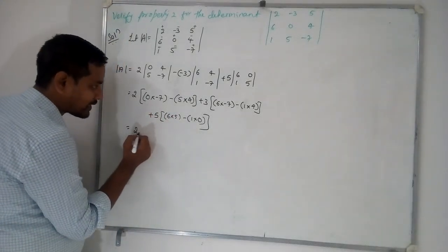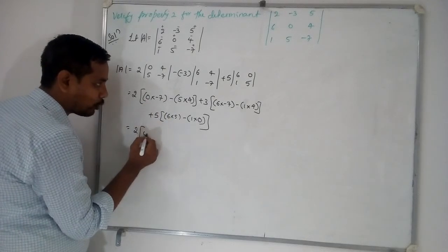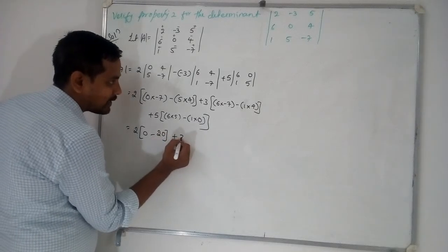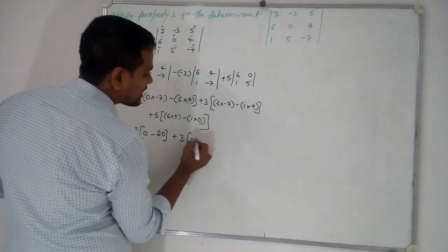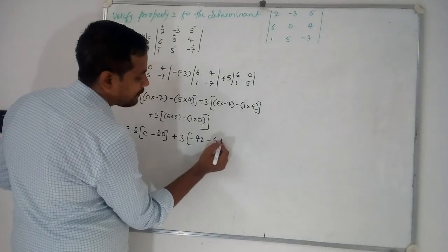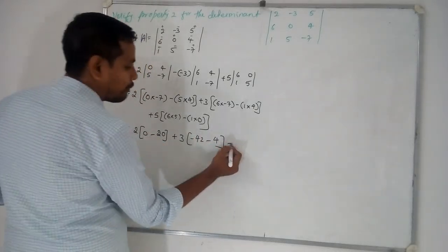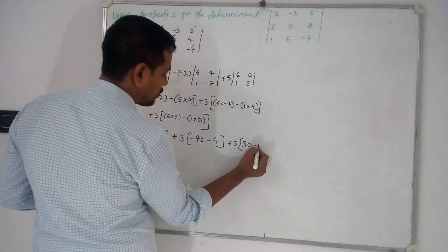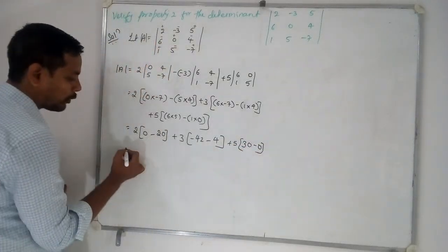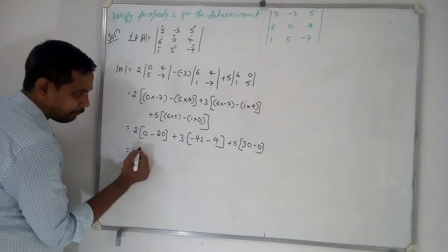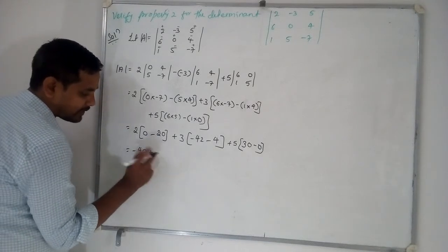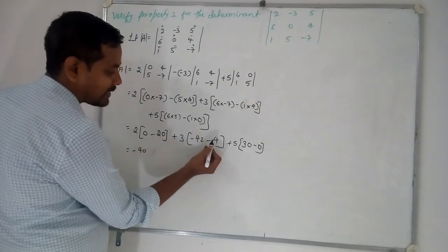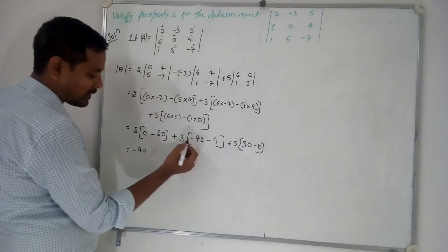So if I do this calculation, 0 into anything is 0, minus 5 into 4 is minus 20, plus 3 into (6 into minus 7 is minus 42, minus 4), and plus 5 into (6 into 5 is 30, minus 1 into 0 is 0). So what do we get here? Minus 20, minus 46, right?